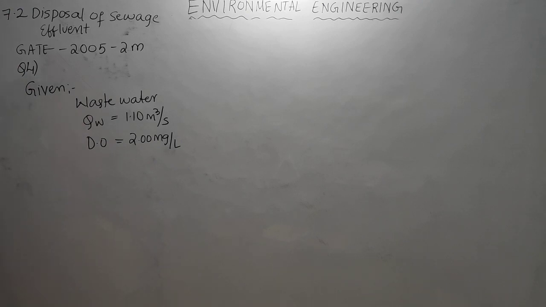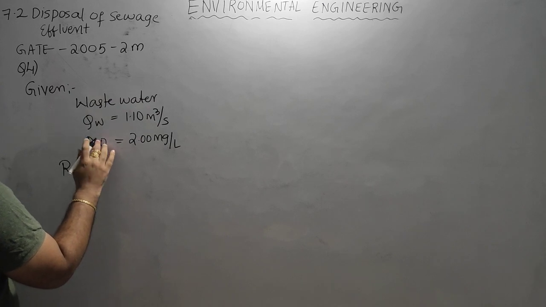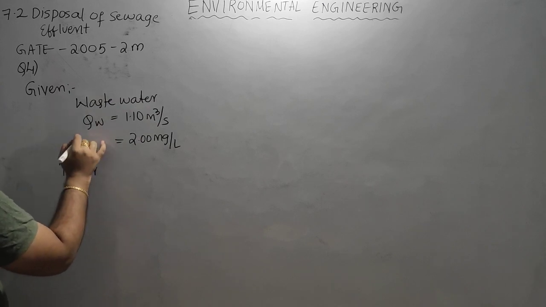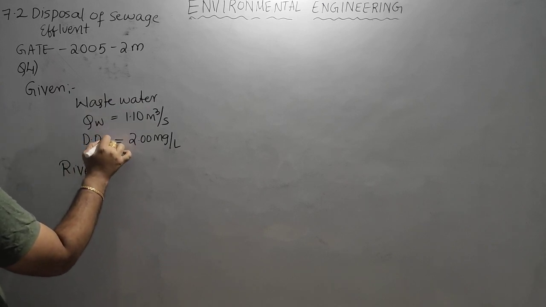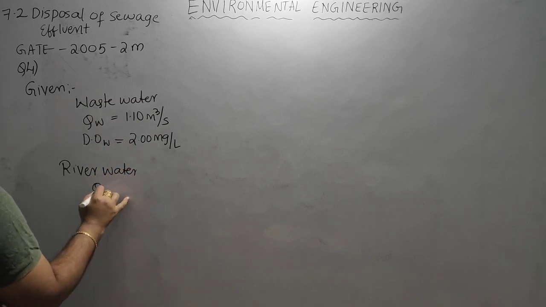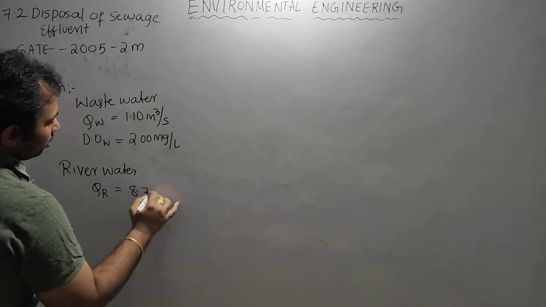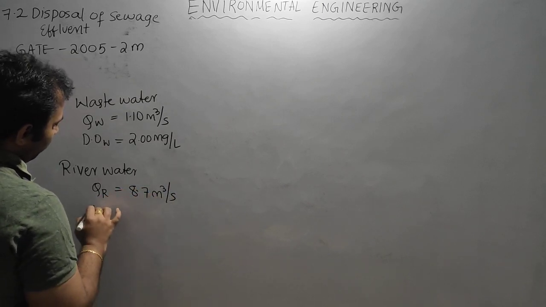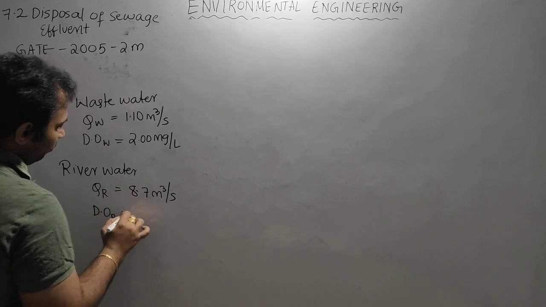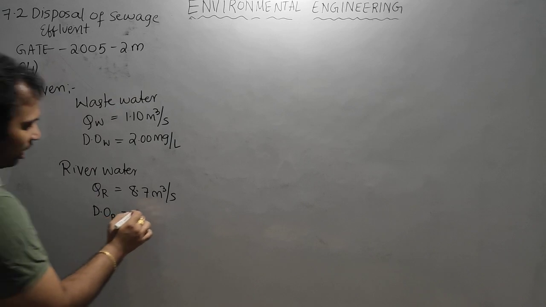Okay, and river water, let us take this as DOW. River water QR, let us take the discharge of river as 8.7 meter cube per second, and DO of river is 8.3 mg per liter.